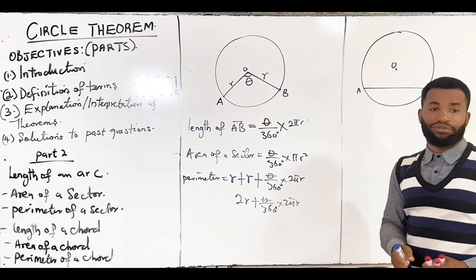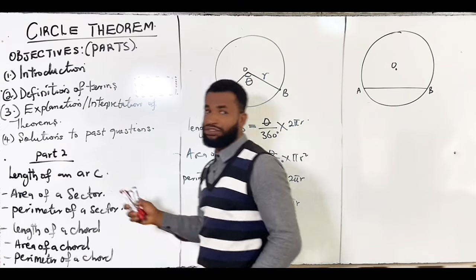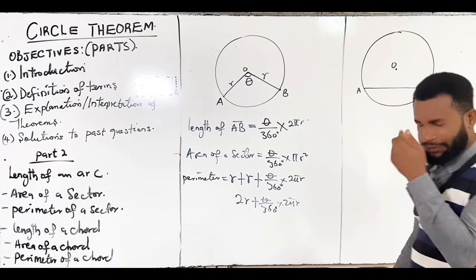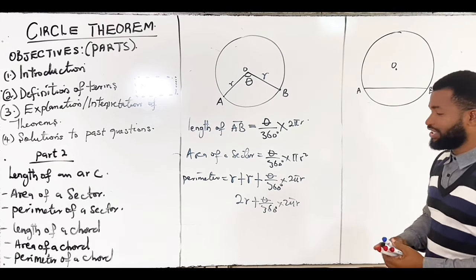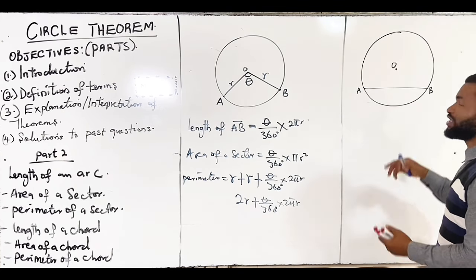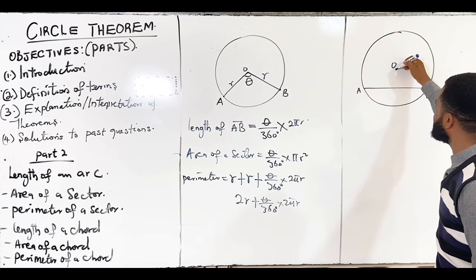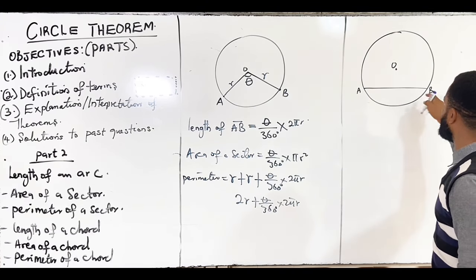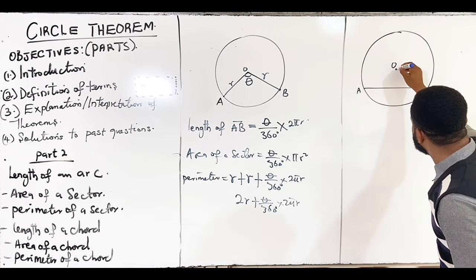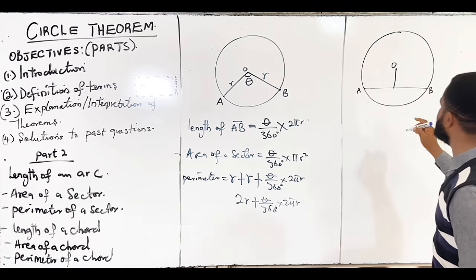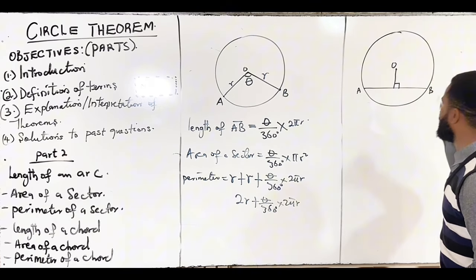There is a theorem I'm going to let us know when we get to number 3, but I cannot do this without that theorem. For now, mathematically, I don't think there is any way I can just find this length without this analysis. There is a law that says that a line from the center of the circle meets a chord at angle 90 degrees. That means a line from the center of a circle divides the chord into 2 equal parts and meets the chord at angle 90 degrees.